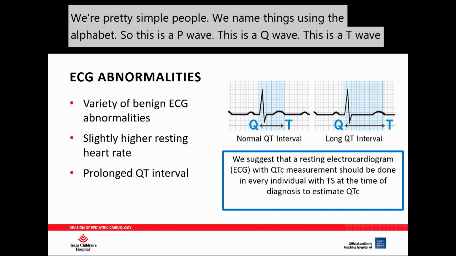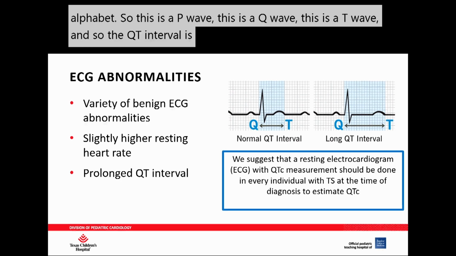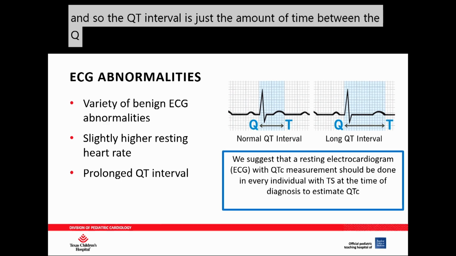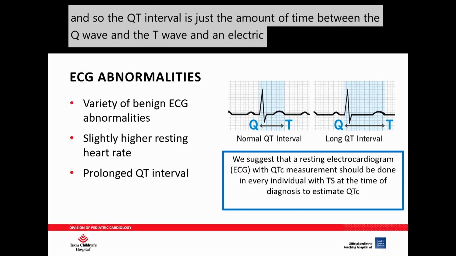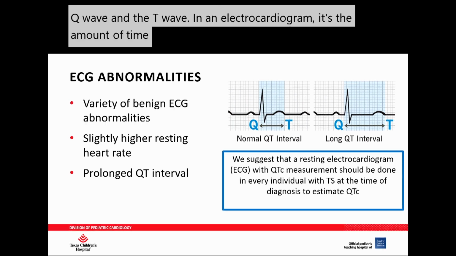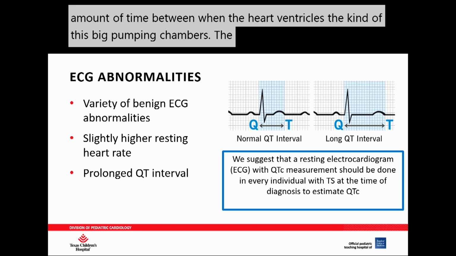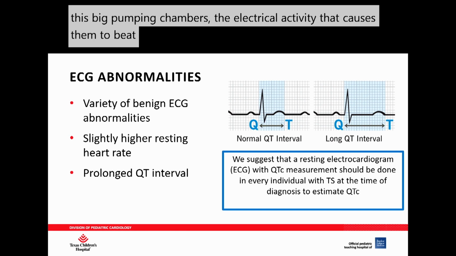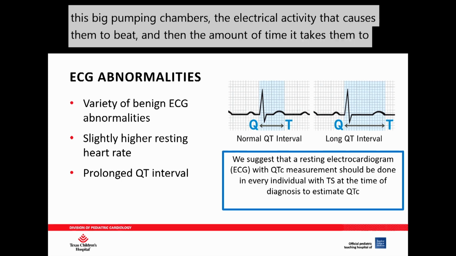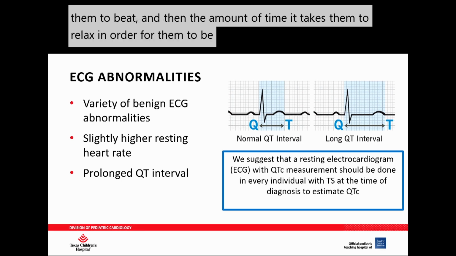And so the QT interval is just the amount of time between the Q wave and the T wave in an electrocardiogram. It's the amount of time between the electrical activity that causes the heart ventricles, those big pumping chambers, to beat, and then the amount of time it takes them to relax in order to be able to beat again.